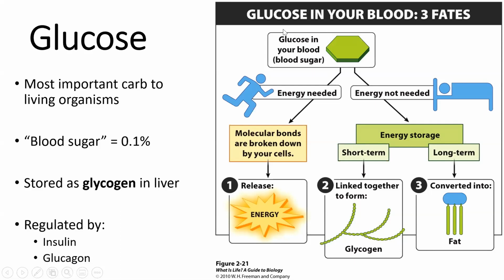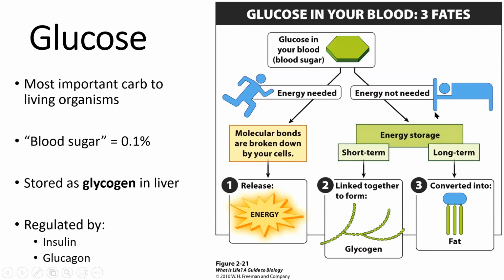Okay, so let's take a look at this diagram right here. So you have glucose, which is blood sugar. You can use that for energy, and then you break down the glucose through a process of cellular respiration to produce ATP. When you don't need the energy, you can store and convert the glucose molecules by linking them together to form glycogen, which is then stored in your liver and in your muscles.